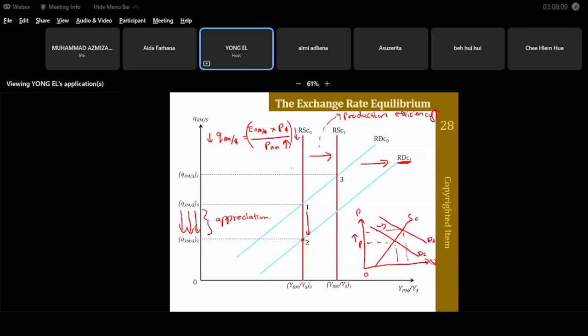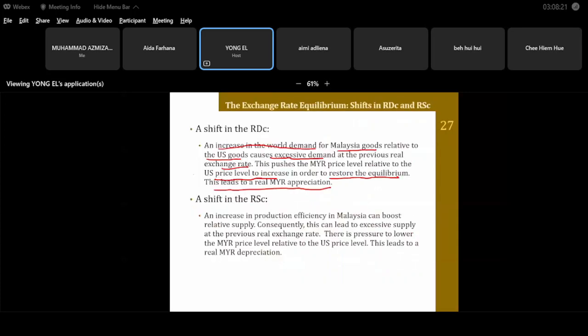What happens is you see the relative demand curve crosses the new relative supply curve at point 3 right here. Okay. Now what will happen? If you look at the explanation here, an increase in the production efficiency in Malaysia can boost relative supply. This is the shift in the supply curve to the right side. Consequently, this can lead to excessive supply at the previous real exchange rate.